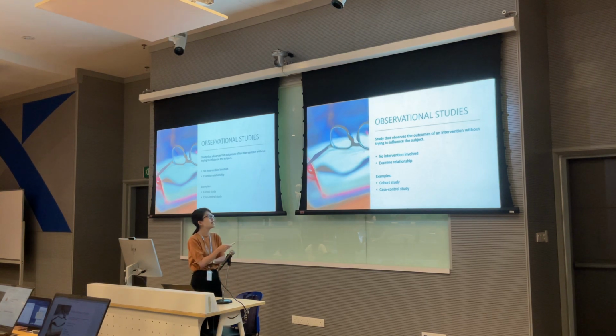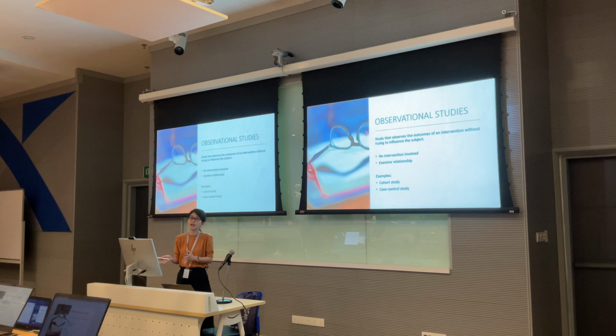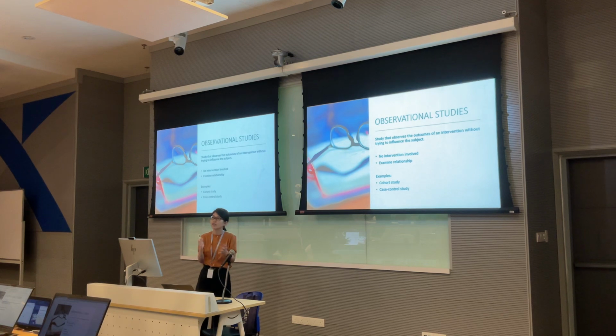Intervention here means manipulation, without touching or trying to influence the subject, which is human in this case. Usually you just observe or examine the relationship. Examples of observational studies are usually the cohort study or the case control study.